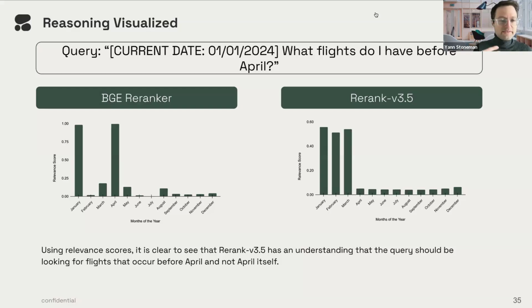You're getting some good results, some bad results. But then if you're applying a re-ranker that doesn't understand this, you're basically weeding out all the good results before passing it to your generative model. So it is really just killing any chance of having a good result for this type of question if you're not using a re-ranker that has all of these reasoning capabilities. Yeah, okay.